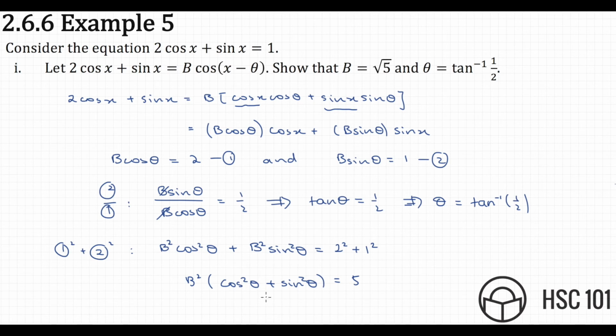We all know that sine squared plus cosine squared is equal to 1, which means that b squared is equal to 5, and that tells us that b is therefore square root of 5. This shows that theta is inverse tan half, and b is equal to square root 5.